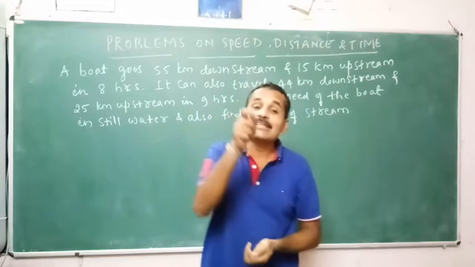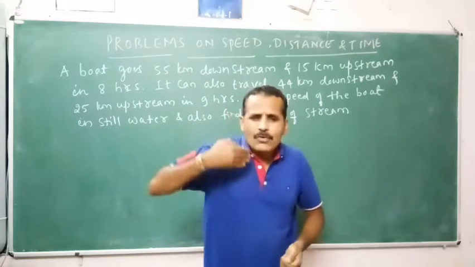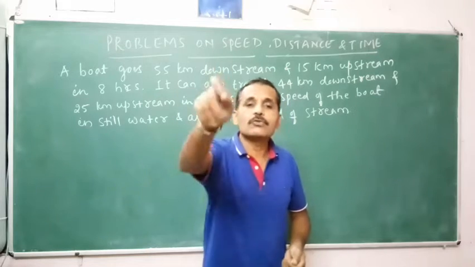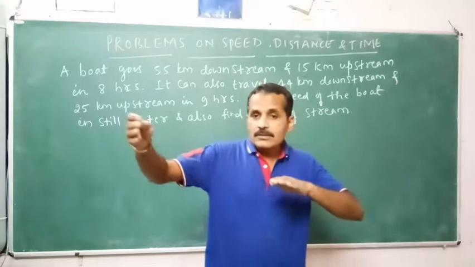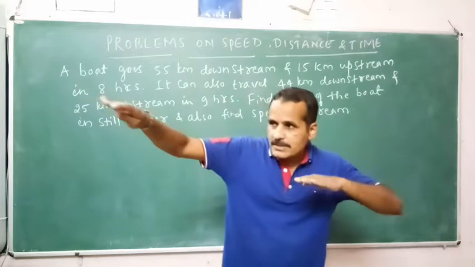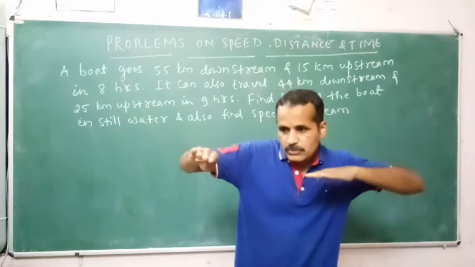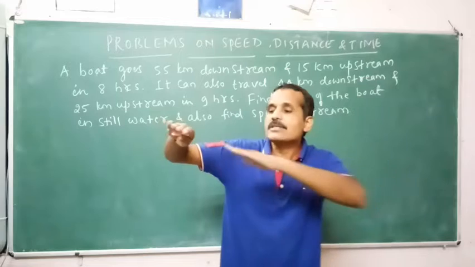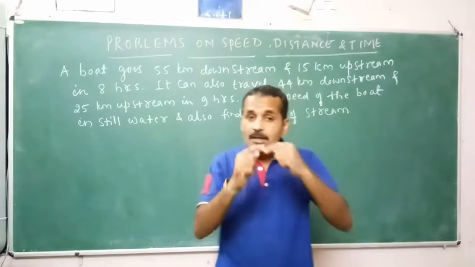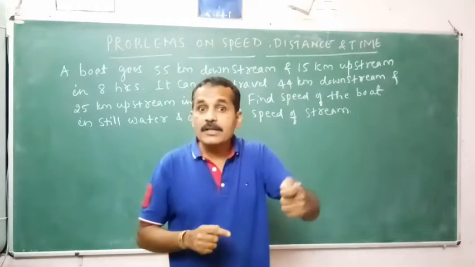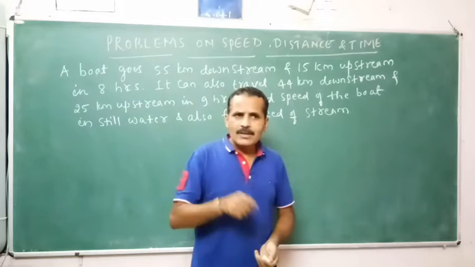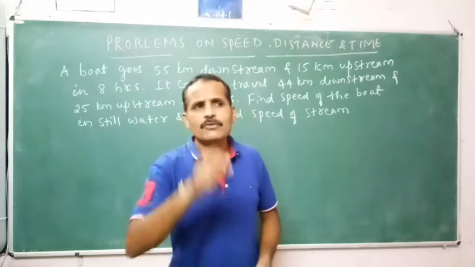That is called downstream. But if the water is flowing in this way and the swimmer is going in this way, this is called upstream, meaning against the water stream.